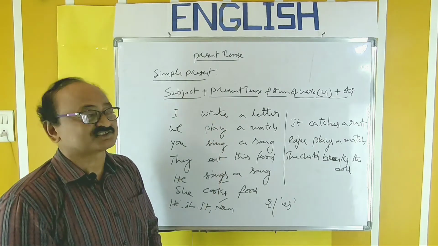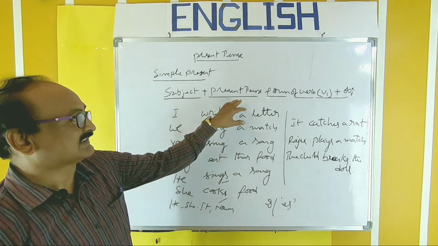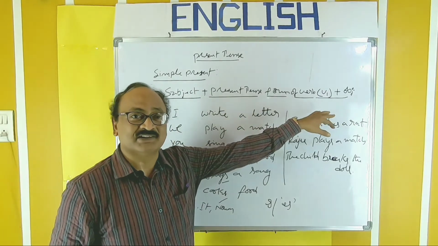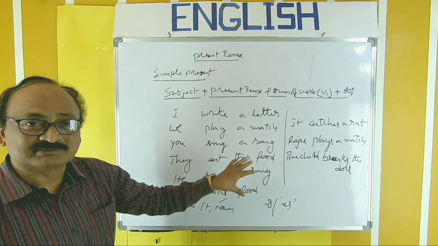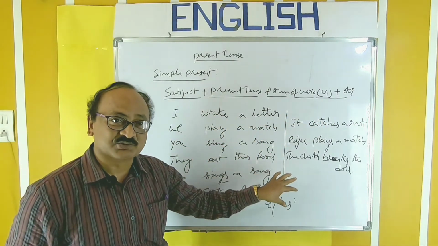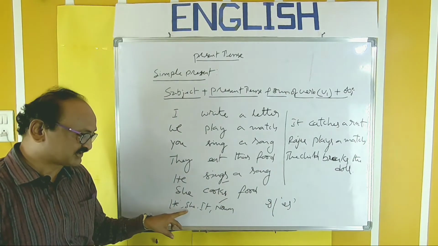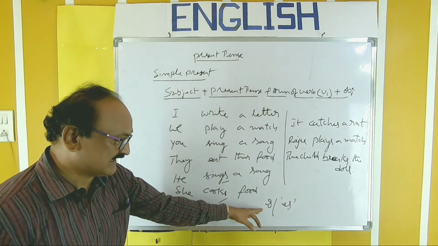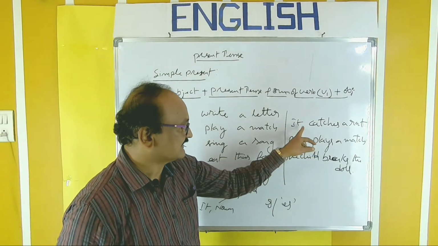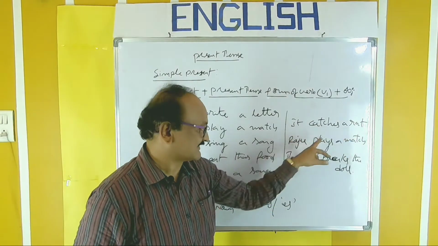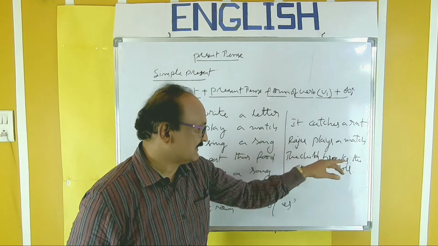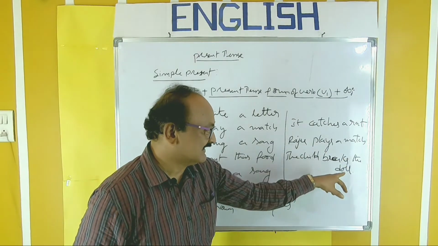Look once again at the structure: subject, present tense form of verb plus object, and these are all the examples. One small extra rule here: when the subject is third person singular, he, she, it or noun, we have to add s or es. It catches a rat. Raju plays a match. The child breaks the doll.